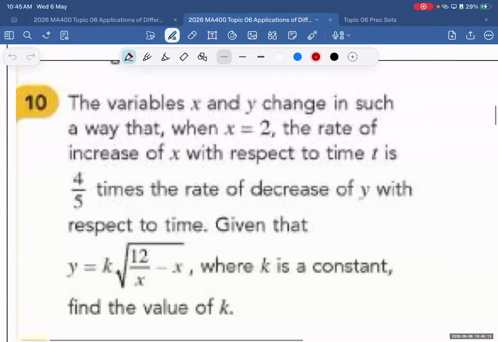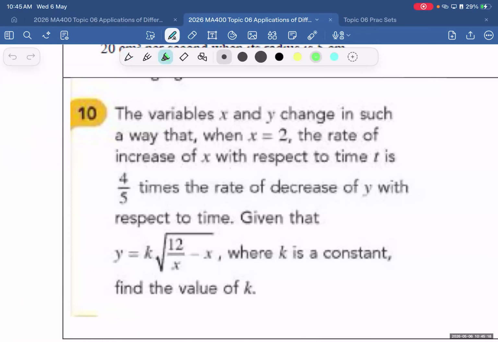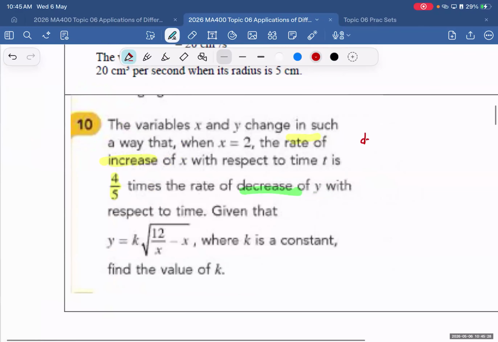Those who I explained question 10 just now, this question. Okay, can you see? I bring your attention. Rate of increase is 4/5. Rate of decrease, the one that is negative. Correct. That's why this is telling you that dS/dt is negative 4/5 of dy/dt. Is that okay? Hope I still got you.